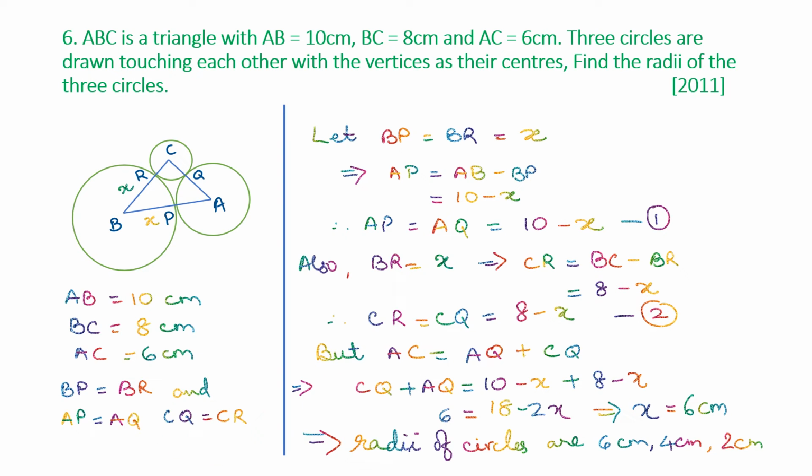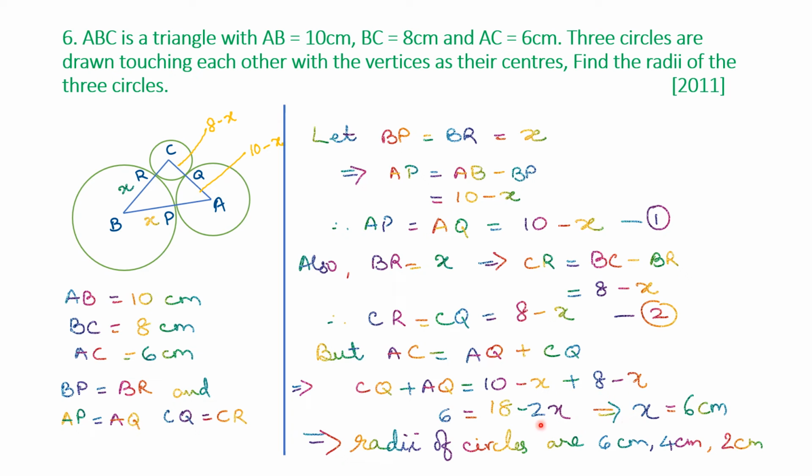So I am getting CR to be equal to 8 minus X and AQ to be equal to 10 minus X. But AC is equal to 6. That means 6 is equal to 10 minus X plus 8 minus X, which is equal to 18 minus 2X.